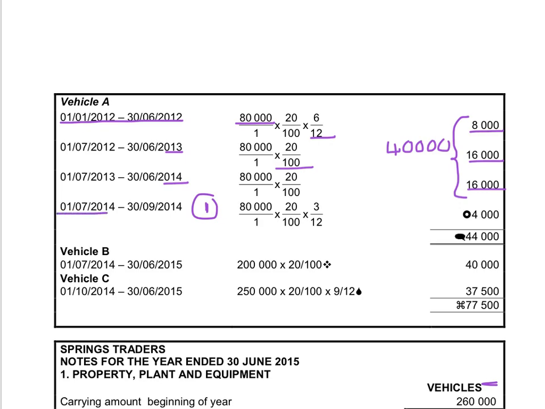We sold it on the 30th of September, so we used it for July, August, September, and we will only work out depreciation for 3 months. And that will give me a total of 4,000 rand.